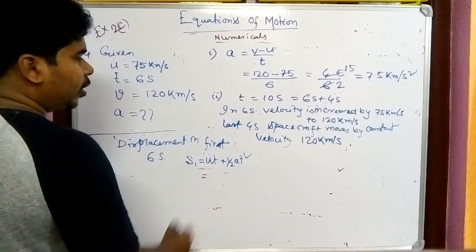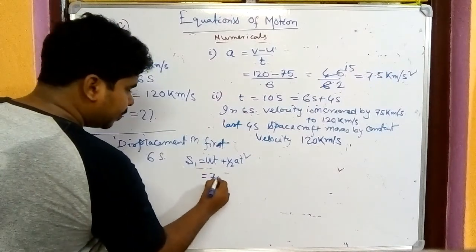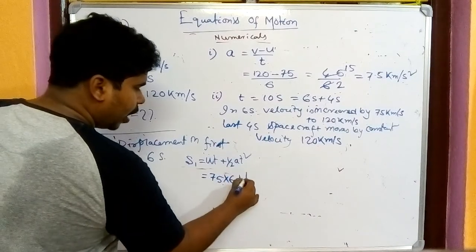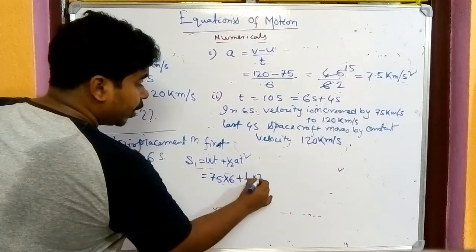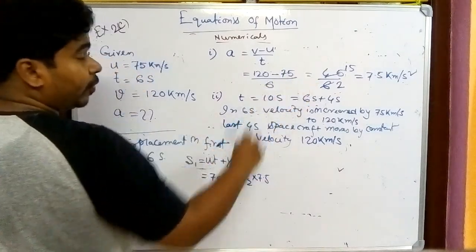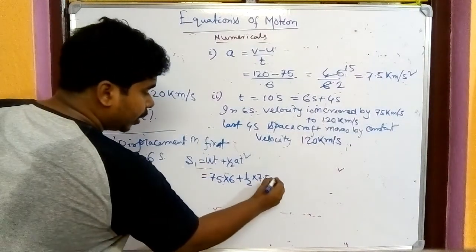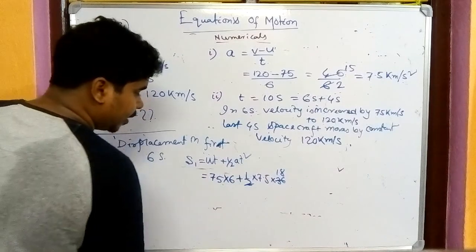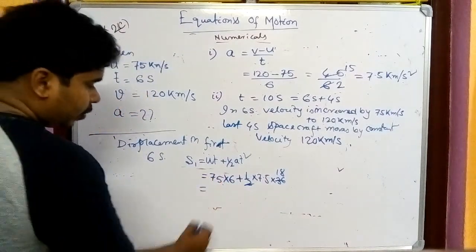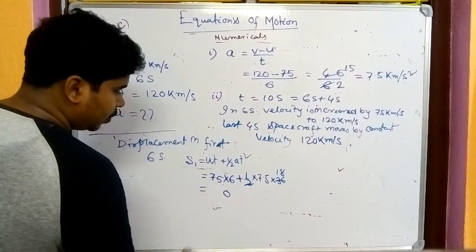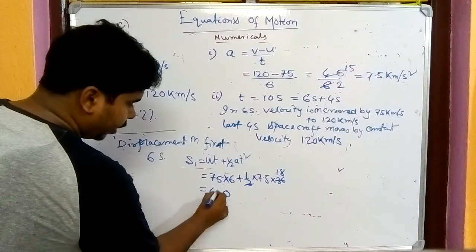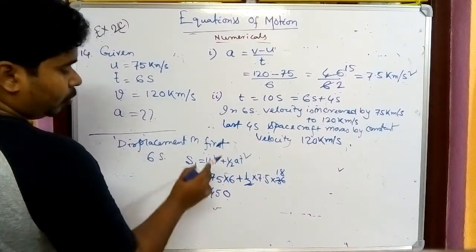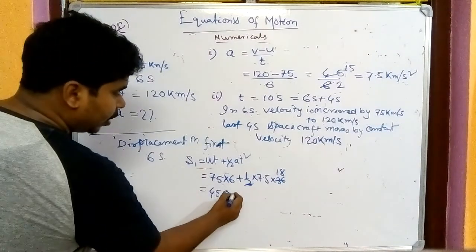So s equals ut plus half a t square, which is 75 into 6 plus half of 7.5, because we found the acceleration 7.5, into t square, that is 36. Half of 36 is 18. 75 into 6 is 450.